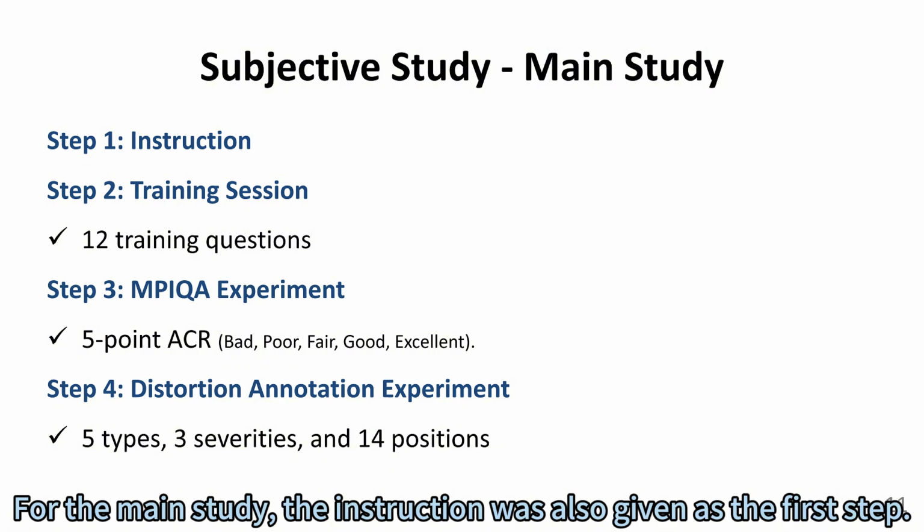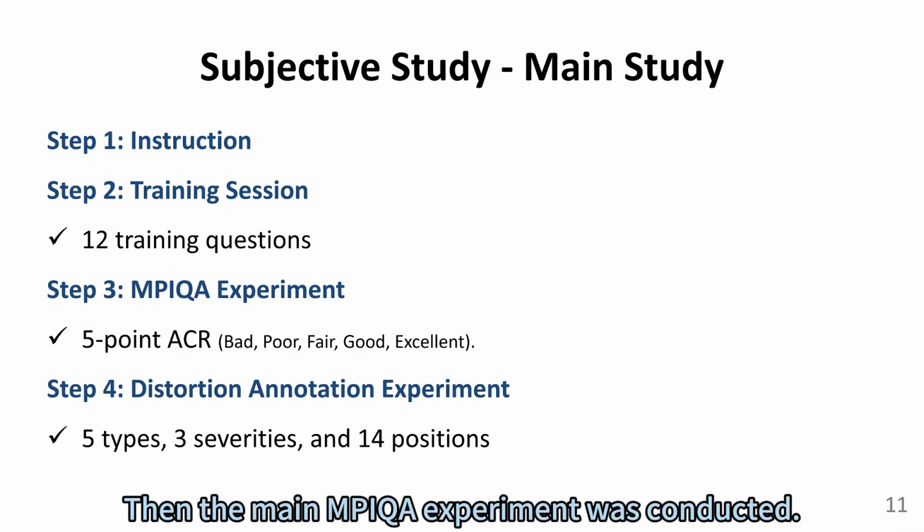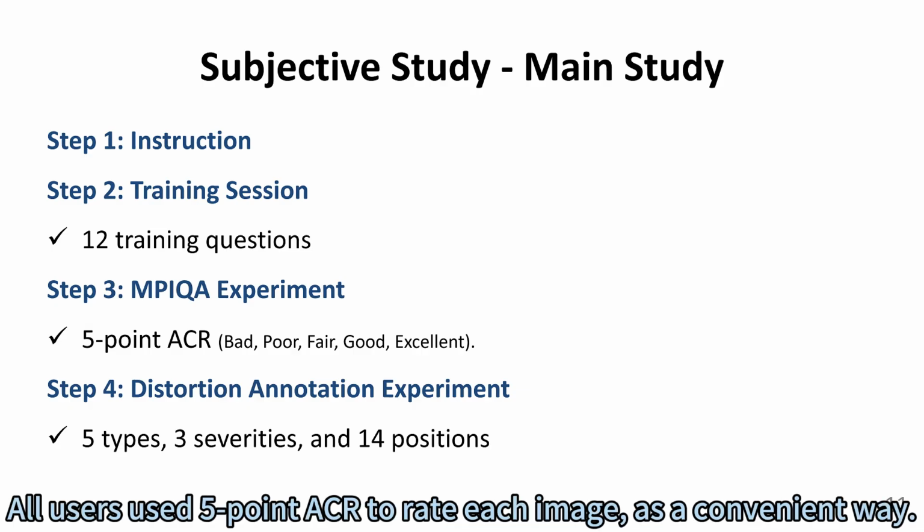For the main study, the instruction was also given as a first step. After reading it, a training session was provided with 12 images. Then the main MMP-2K experiment was conducted. All users use a 5-point ACR to rate each image as a convenient way.